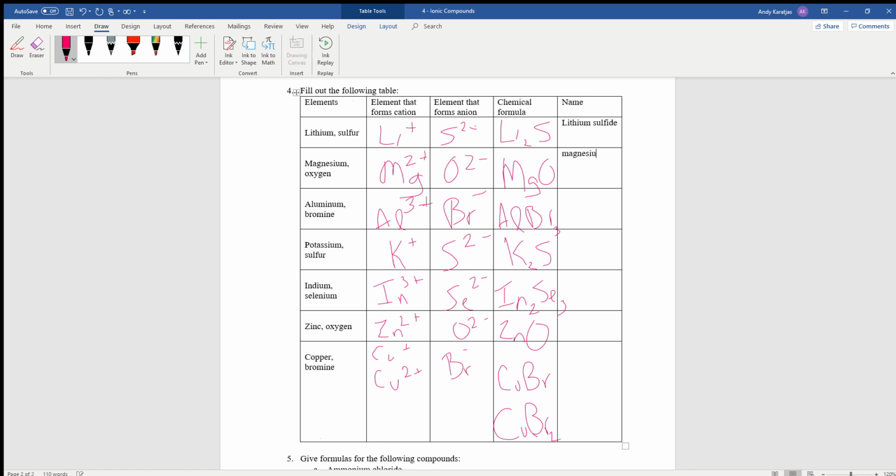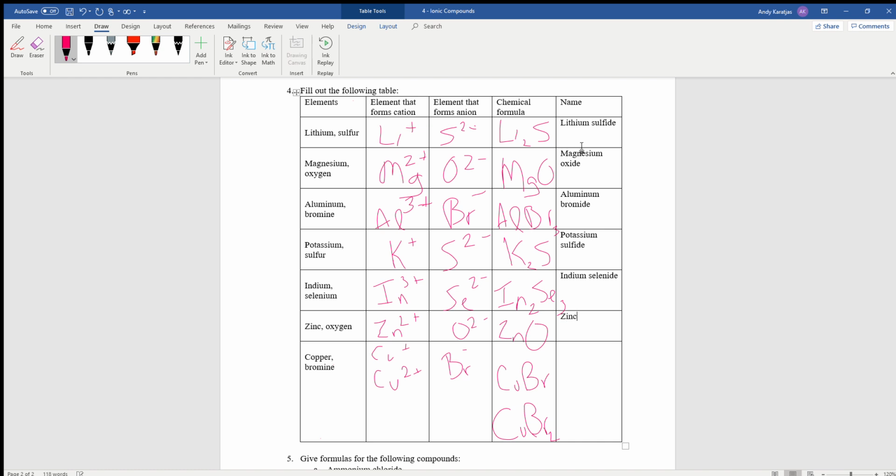Again, magnesium is the cation, it stays as is, and oxygen becomes oxide. And we can just go down the list. Aluminum bromide, potassium sulfide, indium selenide, zinc oxide, and copper bromide.